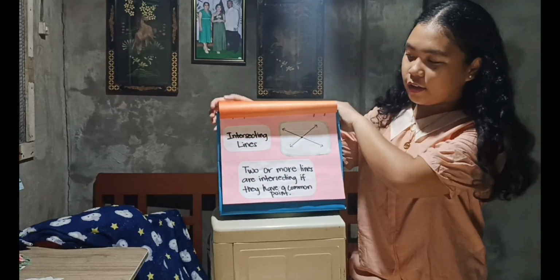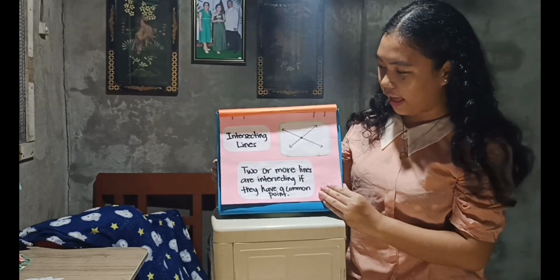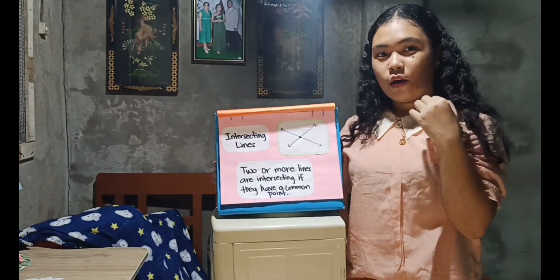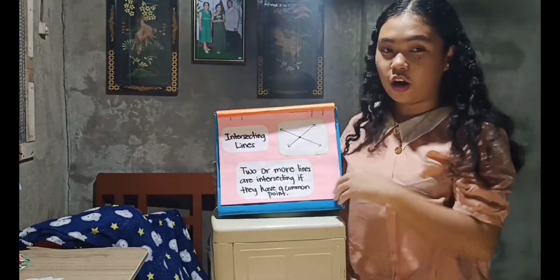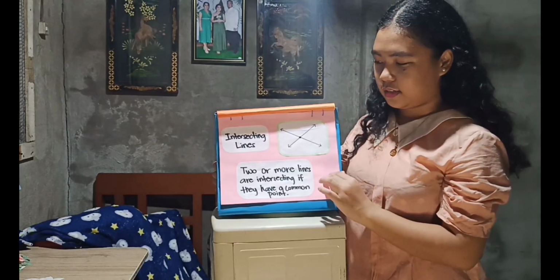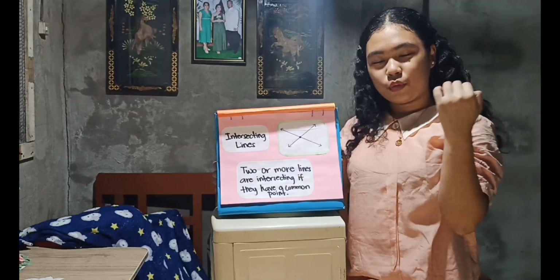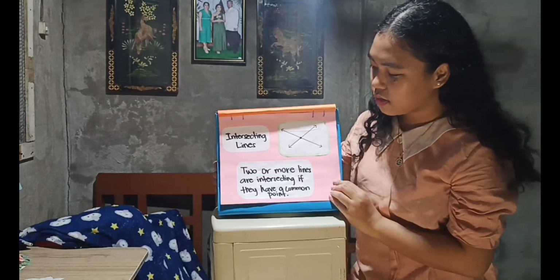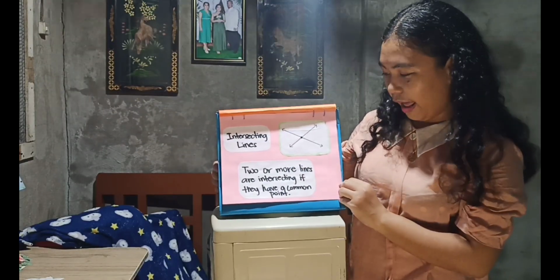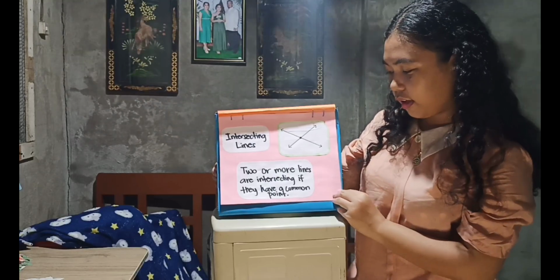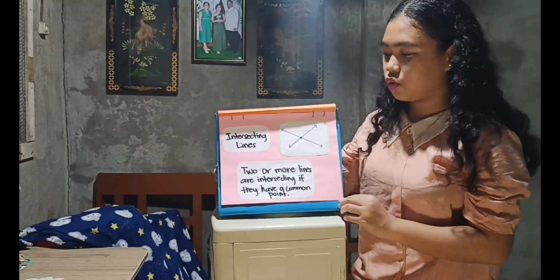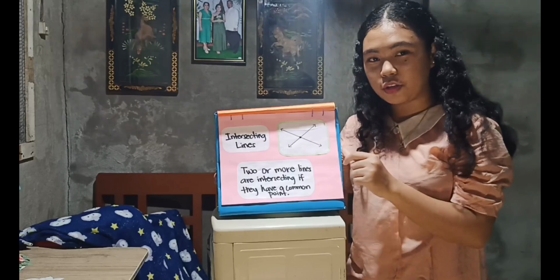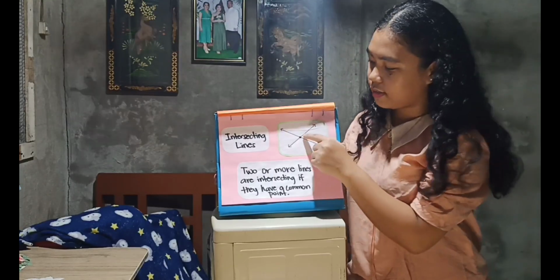Okay, we have the next one, intersecting lines. I guess you are familiar with it because we encountered it in our other lessons or in our past grades. Two or more lines are intersecting if they have a common point. So where is the common point here? There, very good. The common point here is the center.